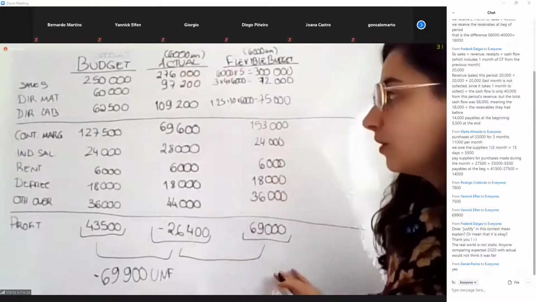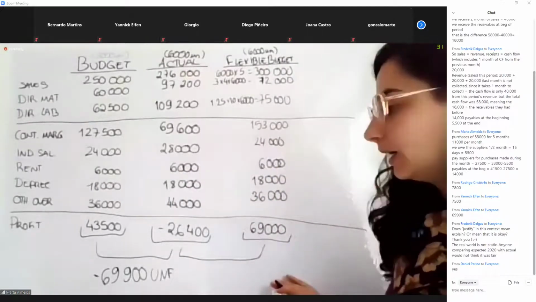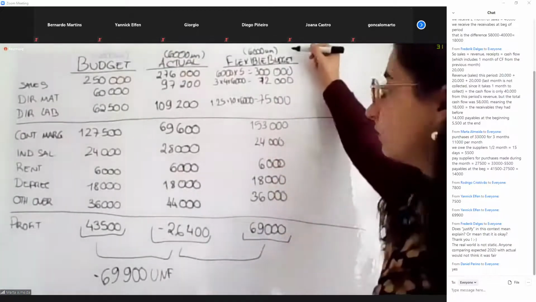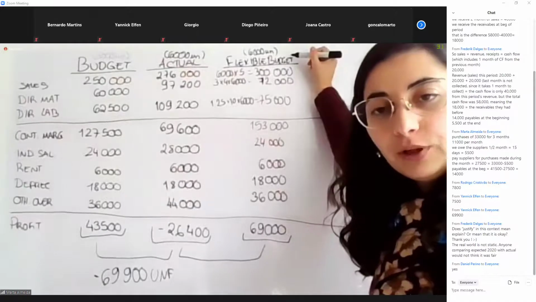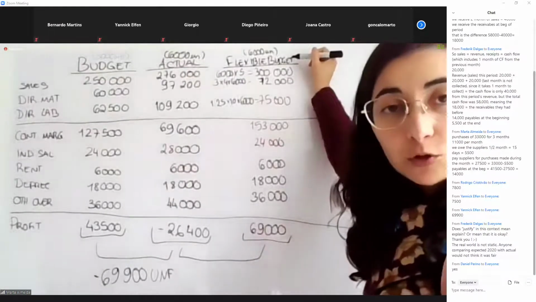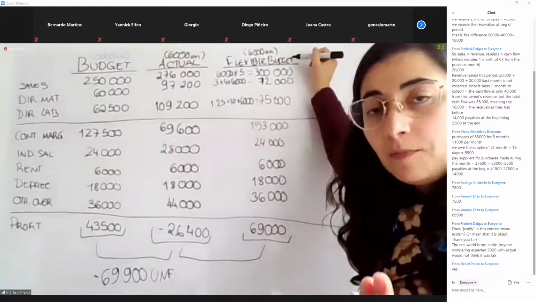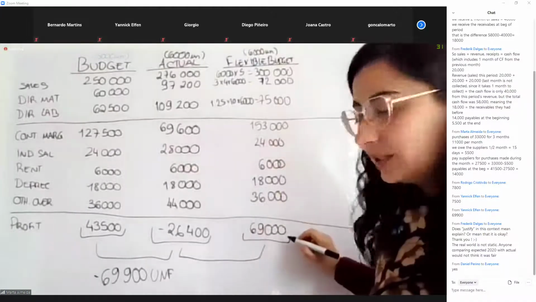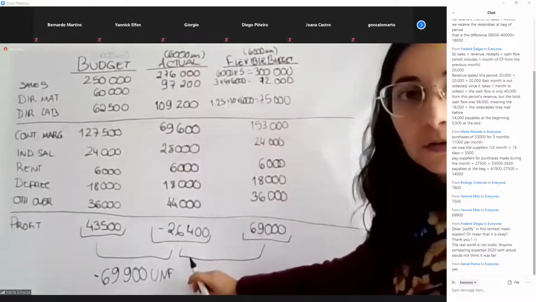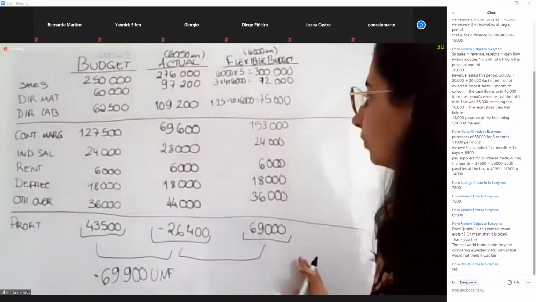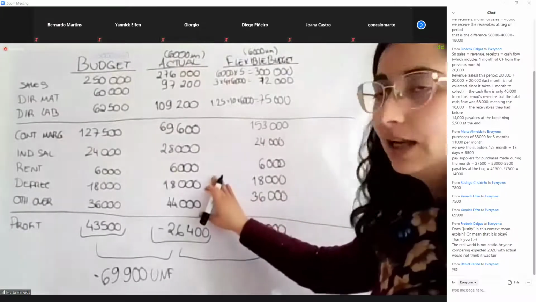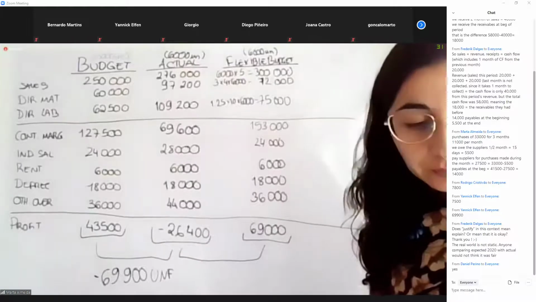Everything else was worse than what we expected. So for this level of activity, given the budgeted standard costs and efficiency, we should have had a profit of 69,000, and we actually had a loss of 26,400. So here we have the comparison between the flexible budget and the actual results.